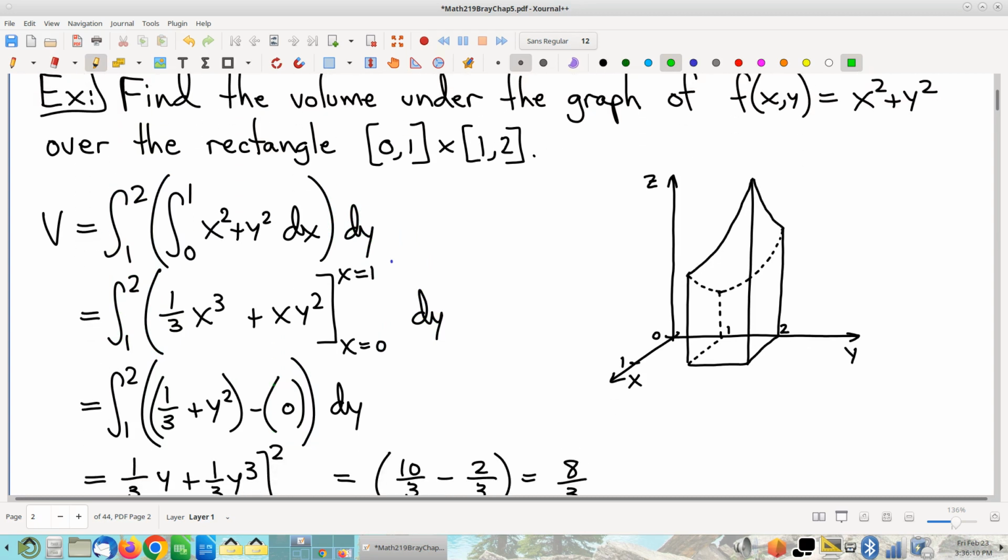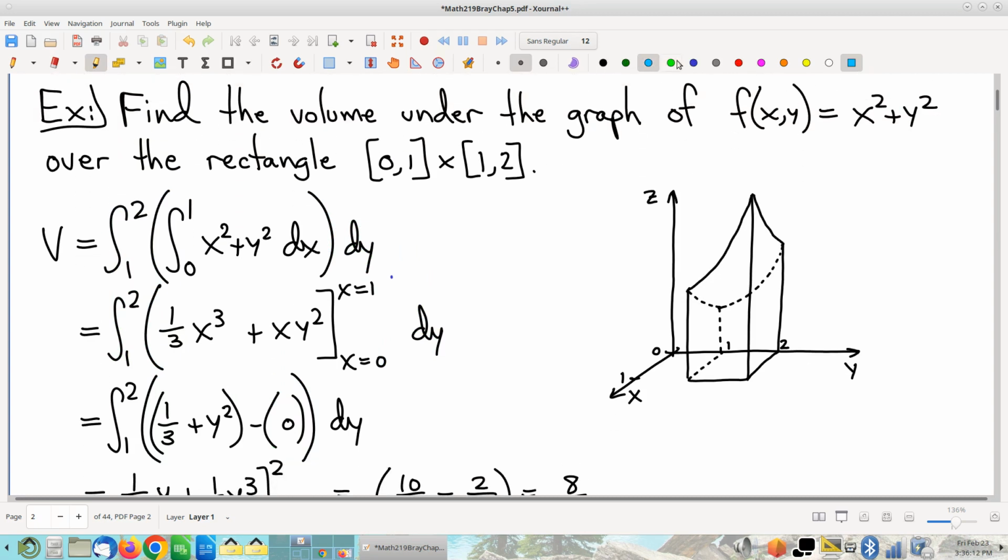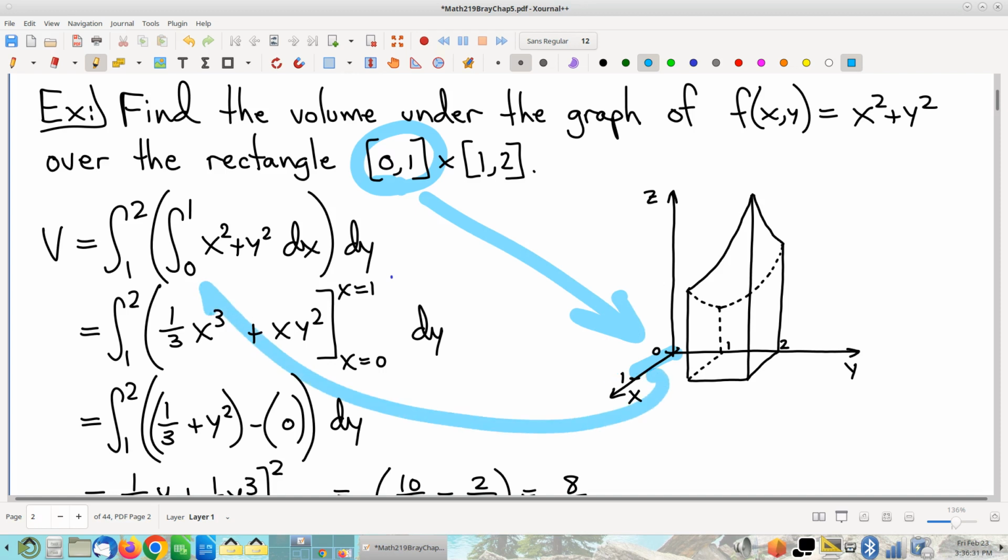Keep in mind in our slicing process, we have x going from 0 to 1 because it says right there x goes from 0 to 1 as is indicated right there. So taken all together, this tells me my range of values for x, which tells me my bounds for my x integral.